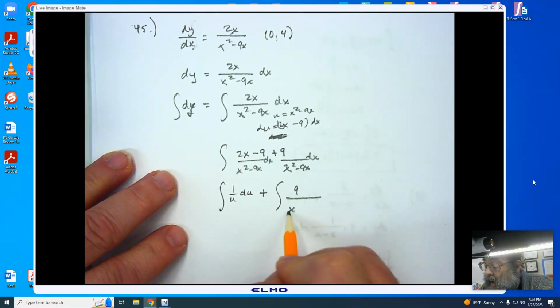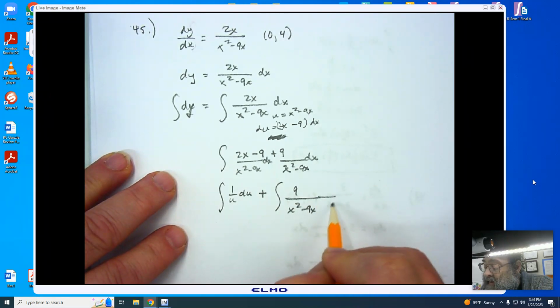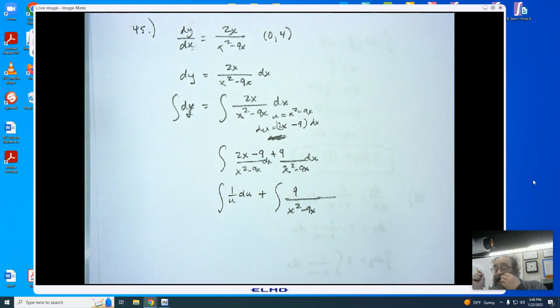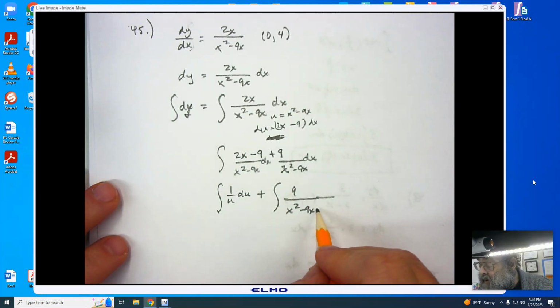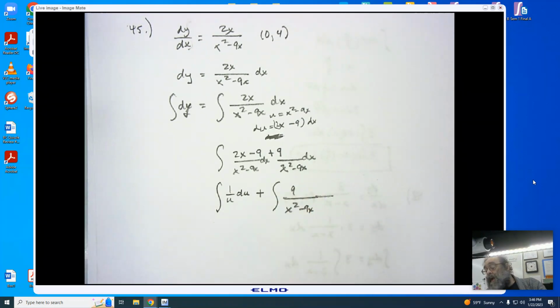Now this, I'm going to have to get clever, and I'm going to have to look at this as trying to get some kind of a power down there. Normally I would just try to complete the square by adding and subtracting and go with my trigonometric arc tangent or one of those other ones.